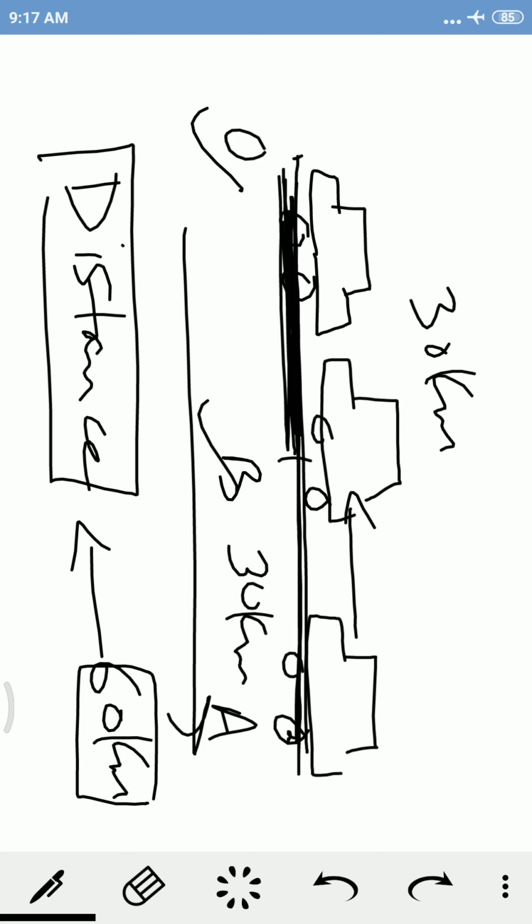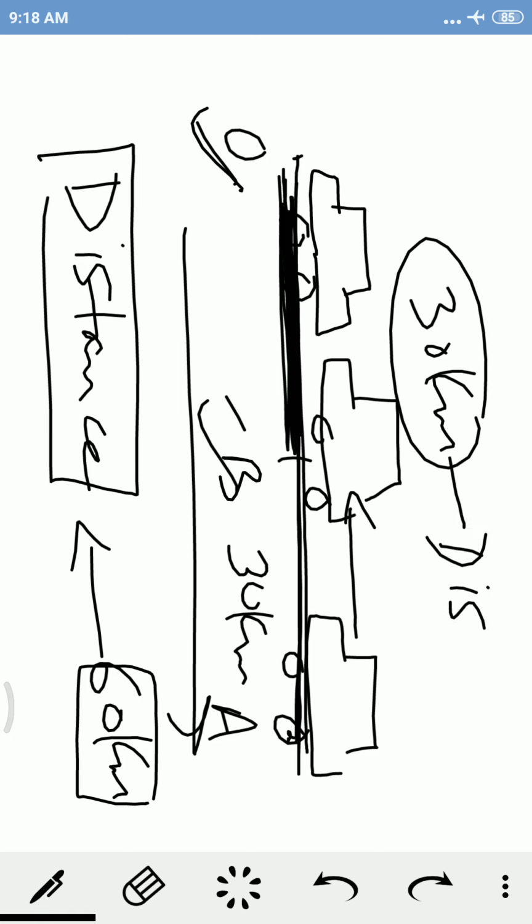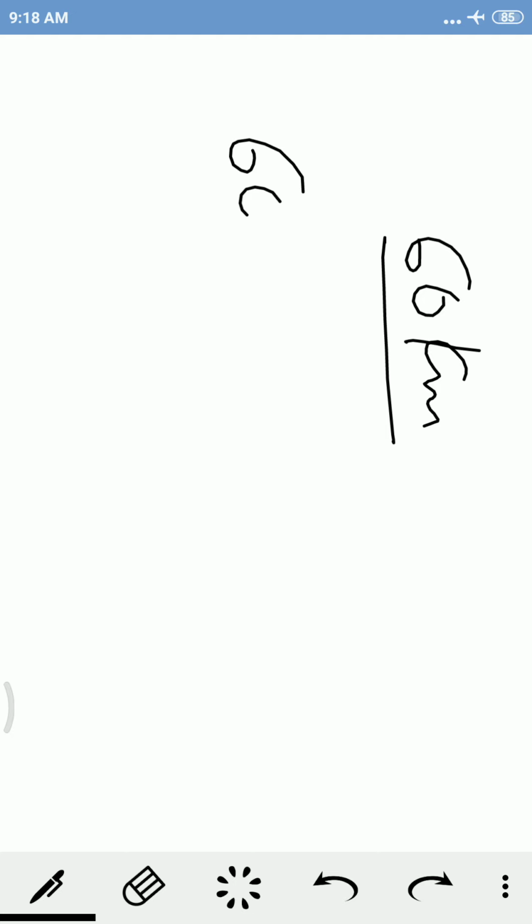The shortest distance between the initial and final position is 30 kilometer. This quantity is known as displacement. So in the first case, the distance covered by the car was 60 kilometer, but the displacement is 30 kilometer.